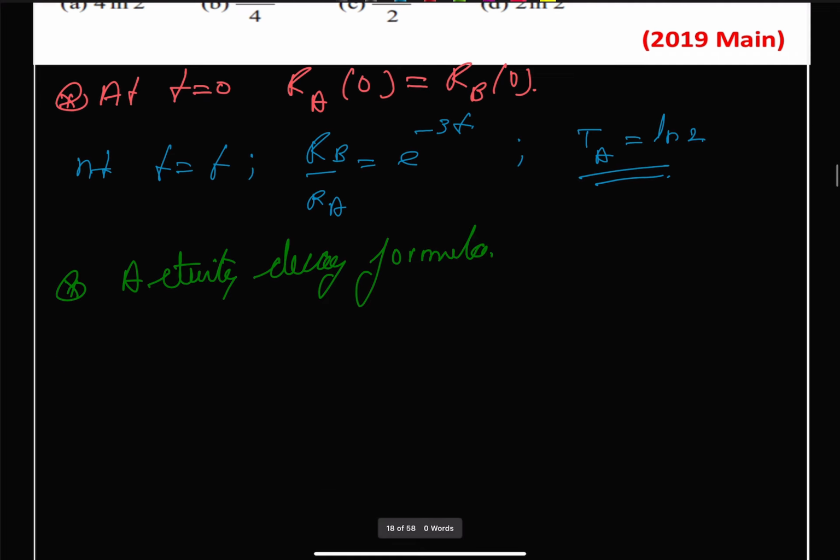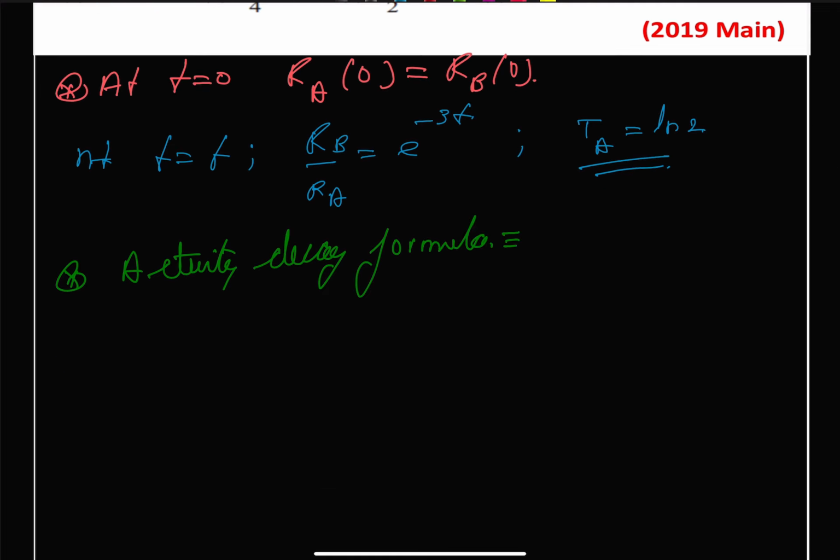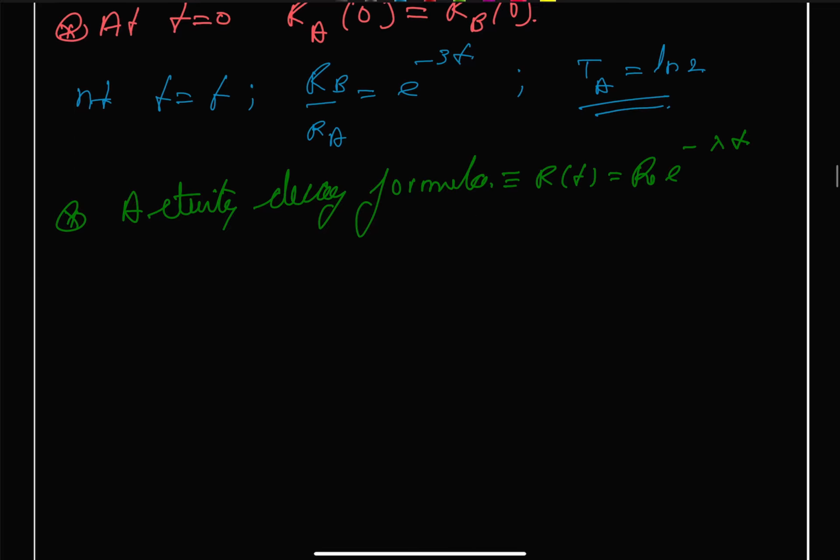Activity decay formula gives us that R of t is equal to R naught e raised to power minus lambda t. So we have two substances, so we can divide this formula into two parts.